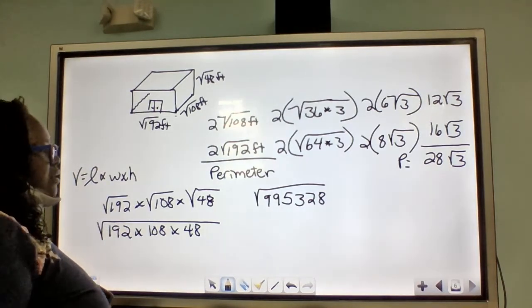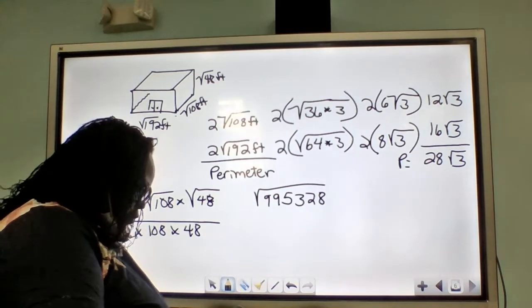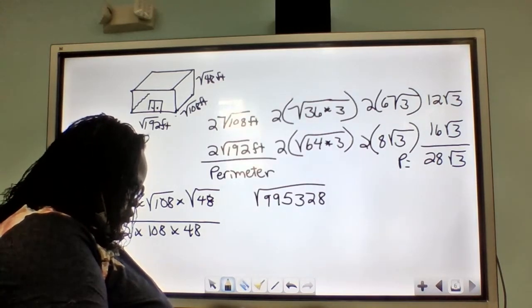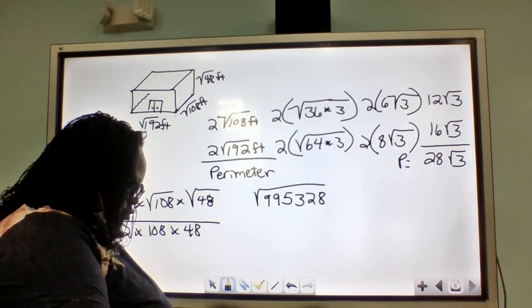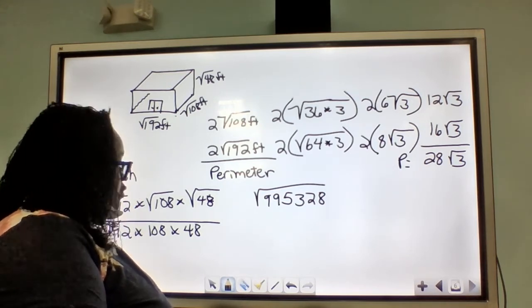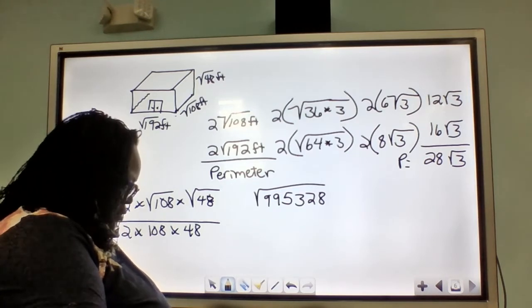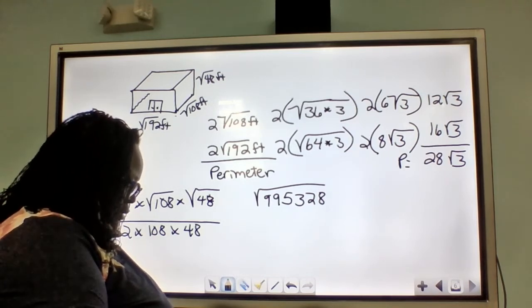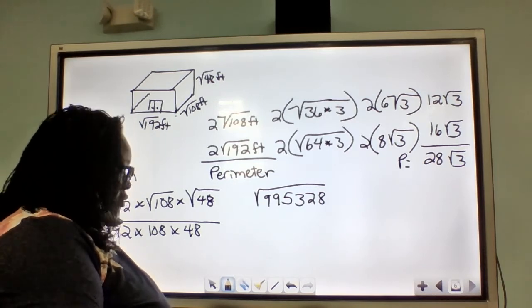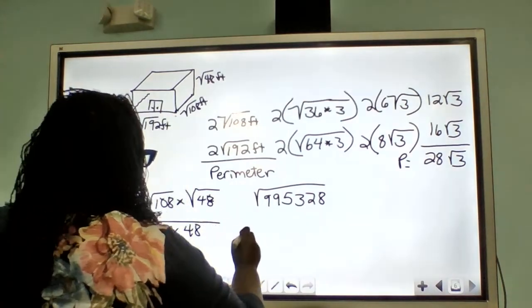So now, from there, we need to do what we did here before. If we divide this by 2 and try to square that number, it's not a perfect square. If we take the 995,328 and divide it by 3, and take that number and see if we get a perfect square, yes, we do. So here we go. We're going to take this number and divide it by 3.